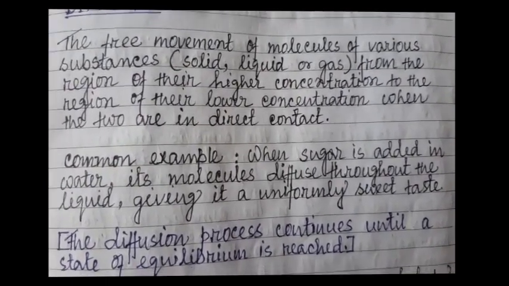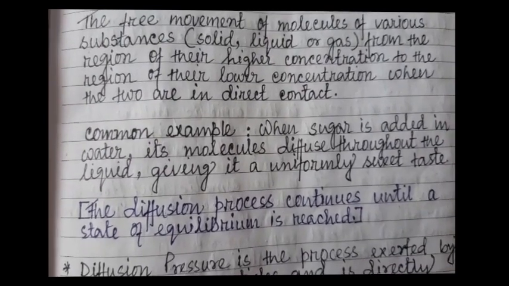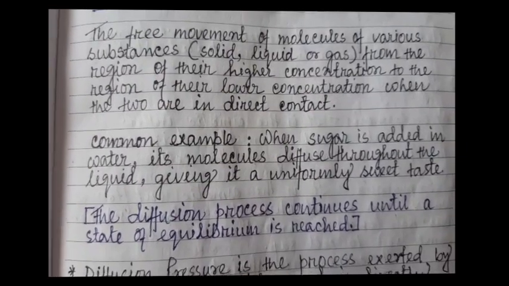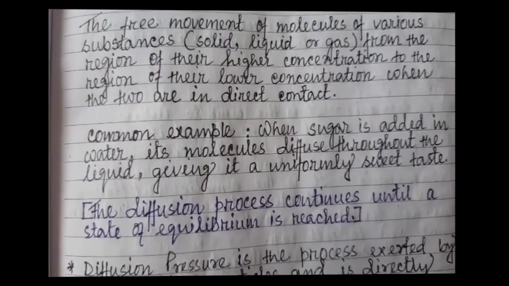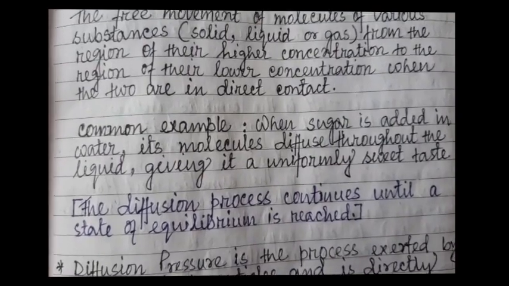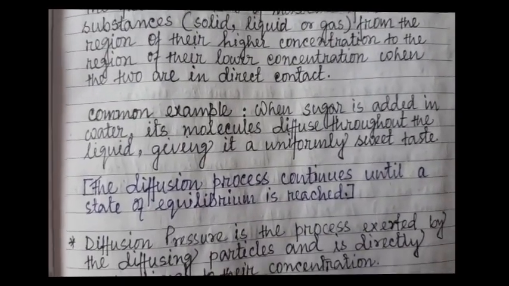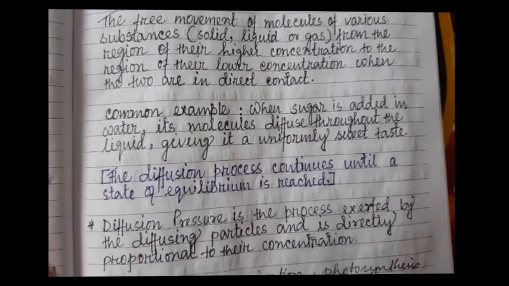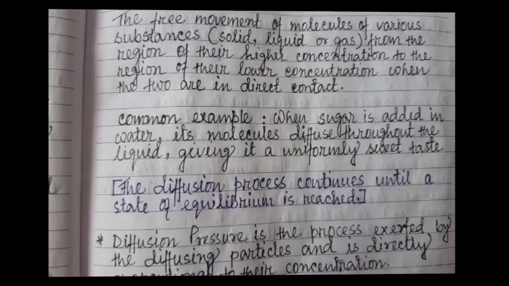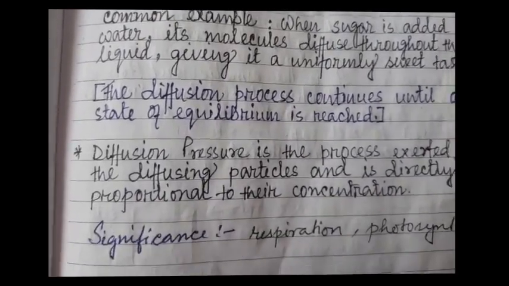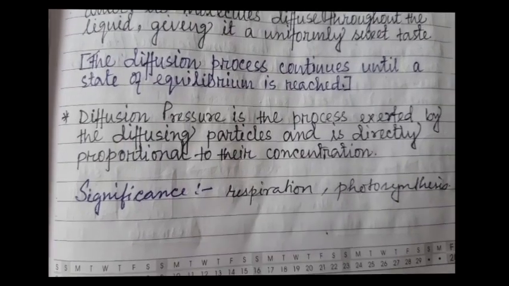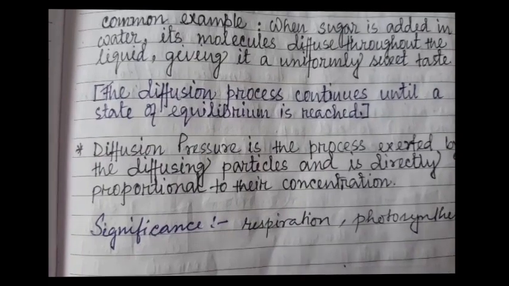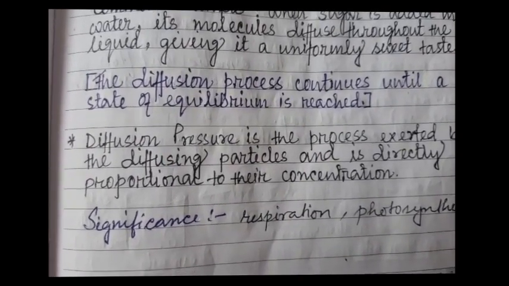Or else, the smoke that comes out of an incense stick, or the deo or room freshener that we spray in our room, after some time gets equally distributed throughout the room. The diffusion process continues until a state of equilibrium is reached. Diffusion pressure is the pressure exerted by the diffusing particles and is directly proportional to their concentration.